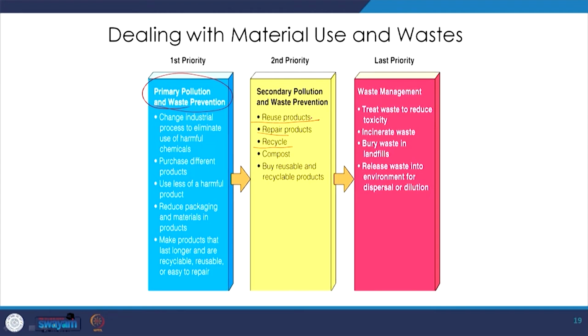For example, the mop, which is commonly known as pocha. Almost 20 years back, none of the market shops would have a mop available out there, because all the households would be using the used cloth as mop, and that was a very common practice.